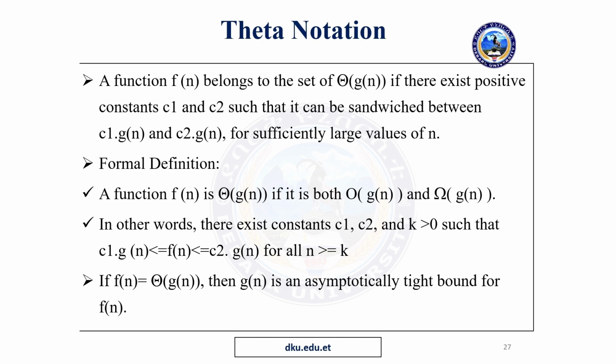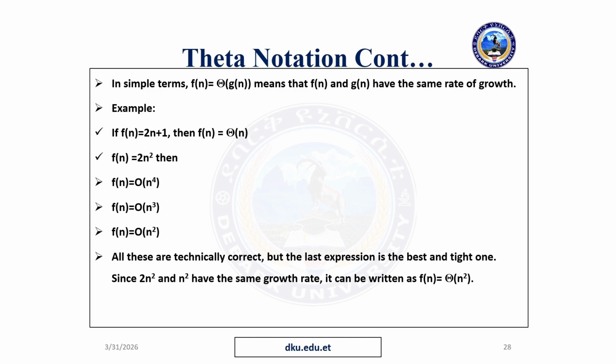Now let's take a simple example: f of n equals 2n plus 1. Let's prove that f of n equals theta of n. To prove this, f of n equals 2n plus 1, right?